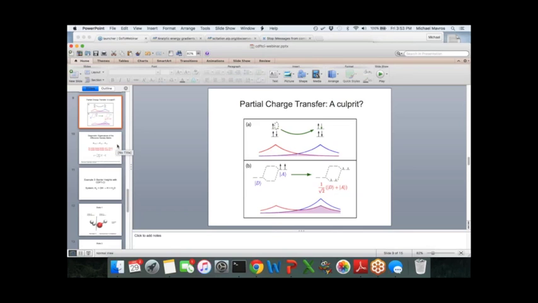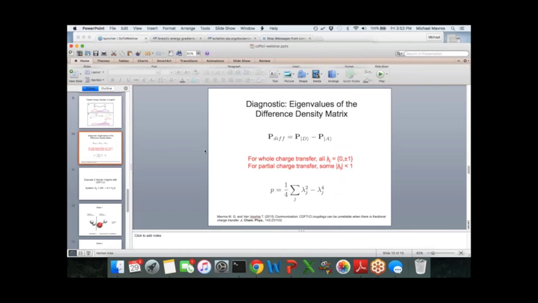So one way to tell if this is going on in your system or not is to look at the eigenvalues of the difference density matrix. So this is if you take the density matrix on the donor fragment and the density matrix for the acceptor fragment, you can look at the eigenvalues of this difference density matrix. And if there is whole charge transfer, so if entire charges are being transferred, all of the eigenvalues will be either 0 or 1.